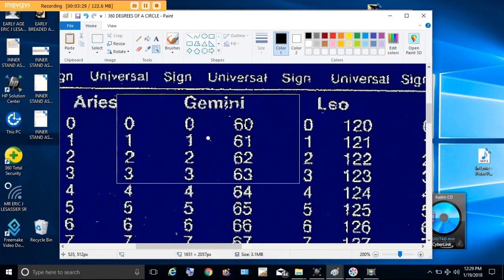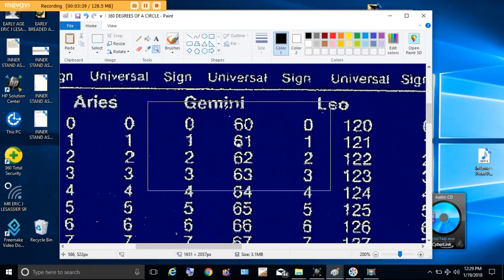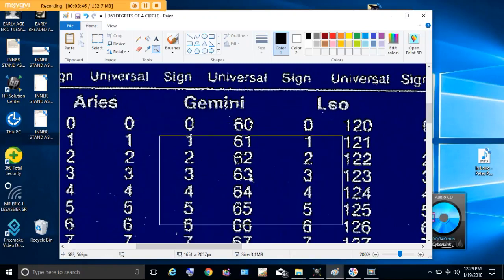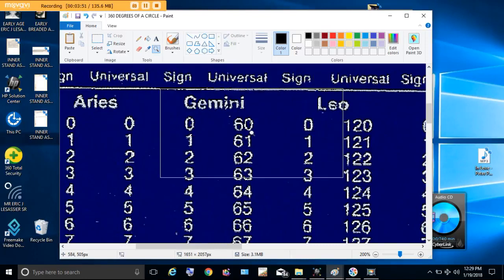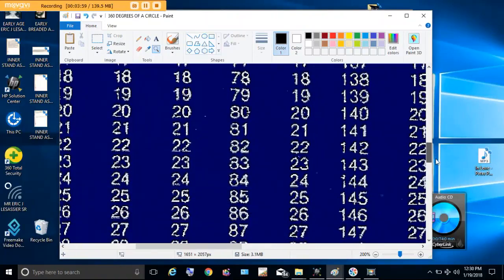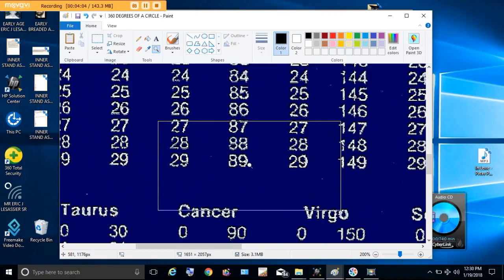Because the sun goes 1 degree per day, the next day it will be 1 degree as it goes into Gemini. 1 degree will equal the universal value of 61, and so forth. 2 is 62, 3 is 63, because now we're in Gemini, and that starts from 60, right? And so when we go to the 29th degree of Gemini, it will equal 89 degrees.